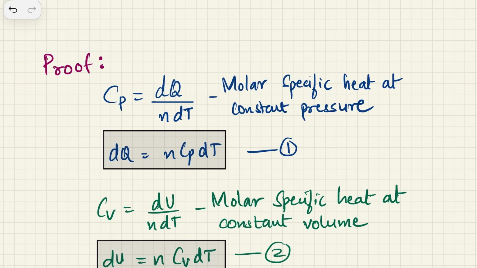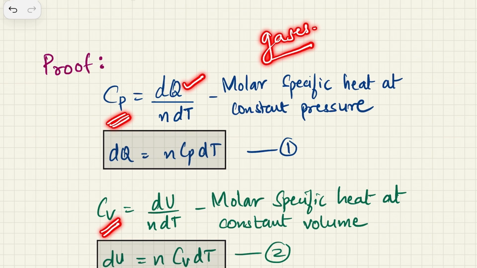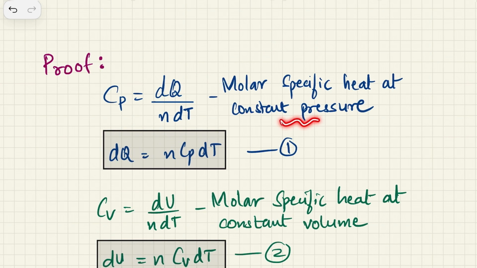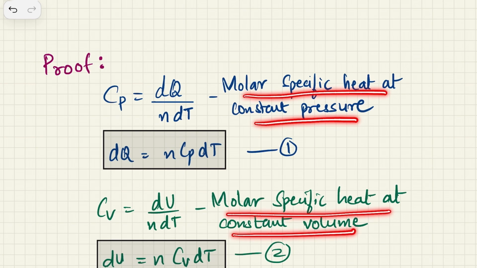Now when we talk about gases, there are two kinds of specific heat. One is Cp and the other is Cv, and the amount of energy needed is different when the pressure is kept constant and when the volume is kept constant. So we have two formulas for this: molar specific heat at constant pressure, and molar specific heat at constant volume.